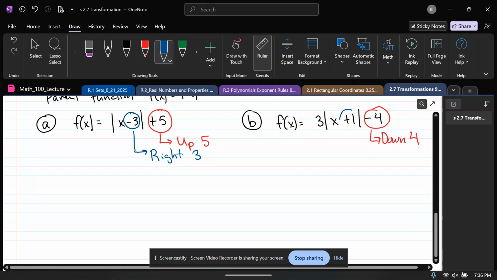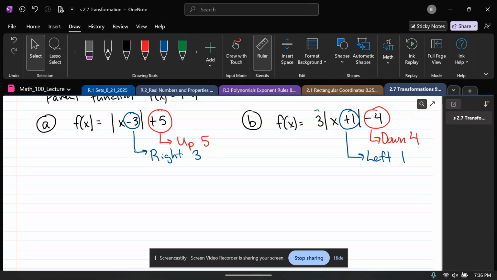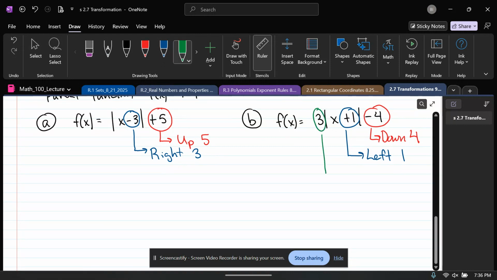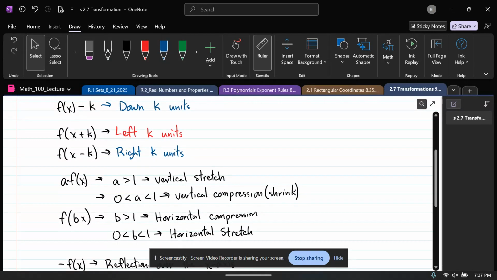What does the plus 1 on the inside do? Left 1. Now we got this multiplier that's on the outside. So if we multiply by something bigger than 1 on the outside, go back to my rules, something bigger than 1 on the outside, vertical stretch.